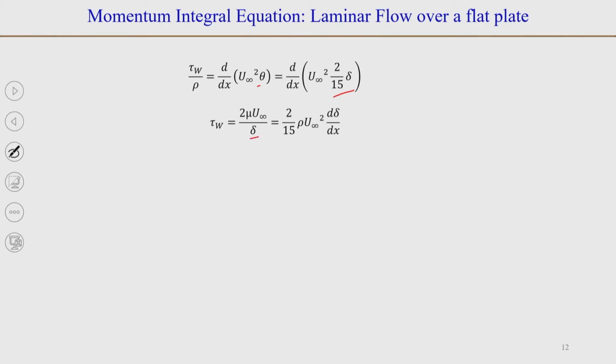So, we will have this equation simplified because u infinity squared into 2 by 15 is constant. So, we can bring this out here, and rho has come on the other side. So, we can write tau w is equal to 2 by 15 rho u infinity squared d delta by dx. Now, remember this delta is a function of x.